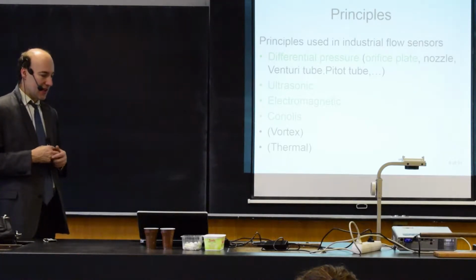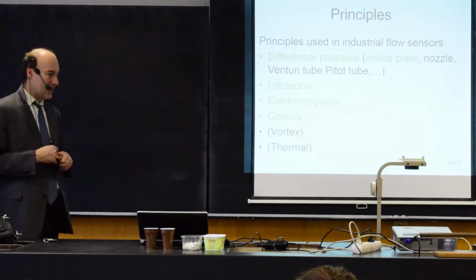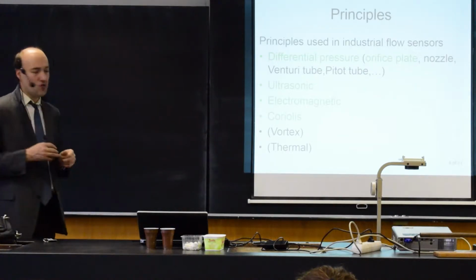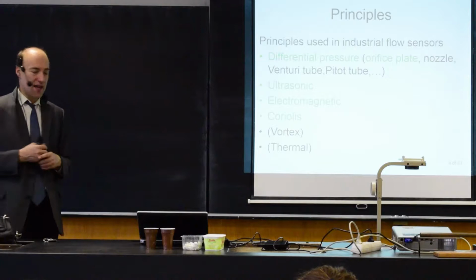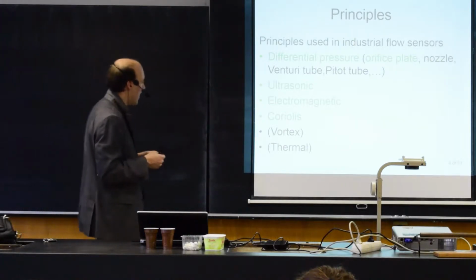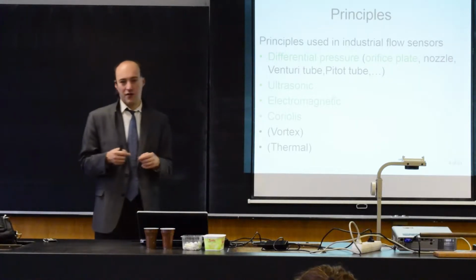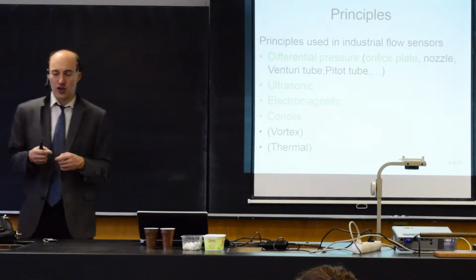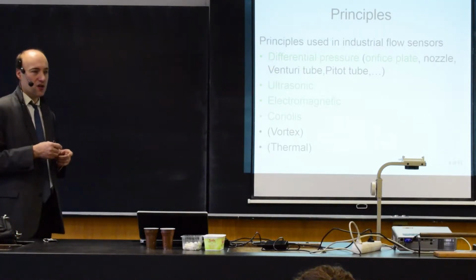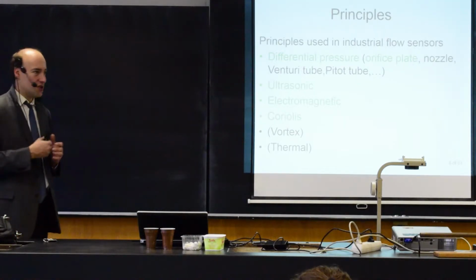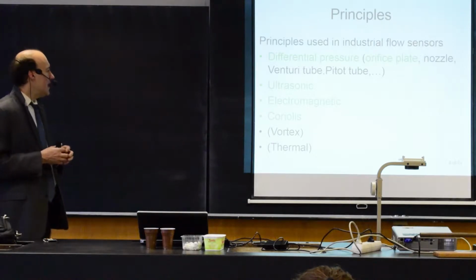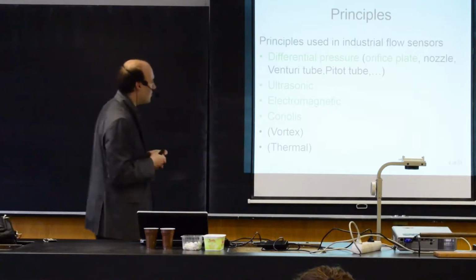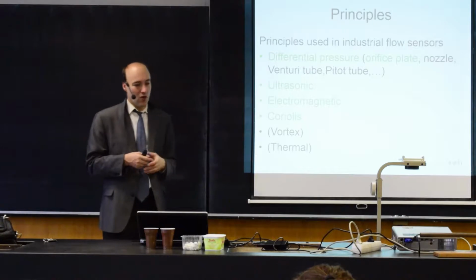So this is basically done in such a way that you measure the pressure difference caused by some object that is preventing the flow, and there is a relation between the pressure loss and the flow, as we will see in a few minutes. There are many objects that will prevent the flow.